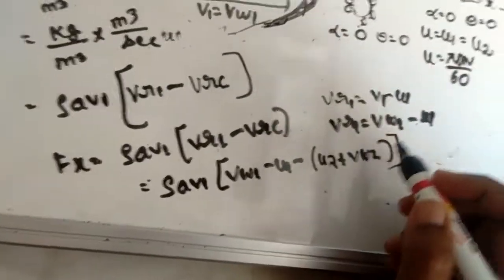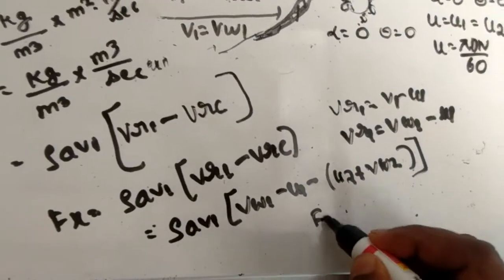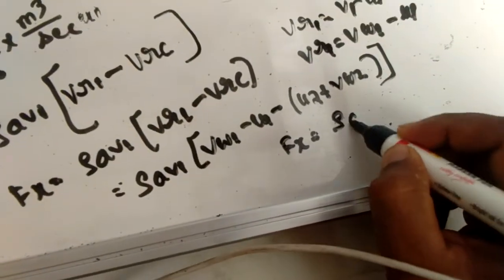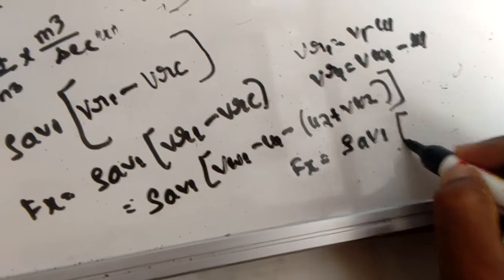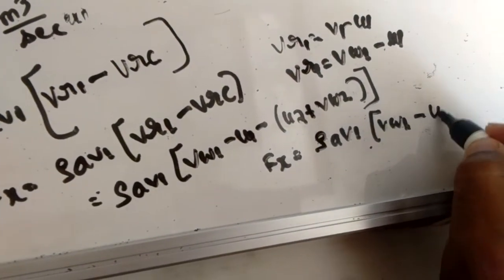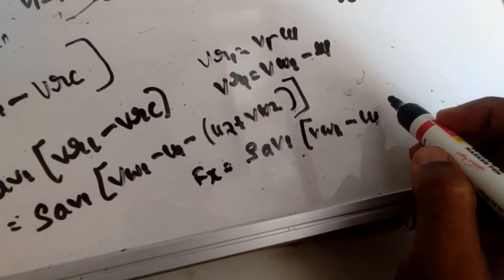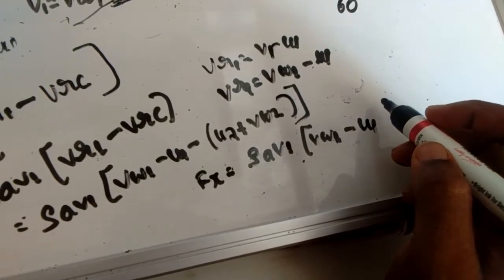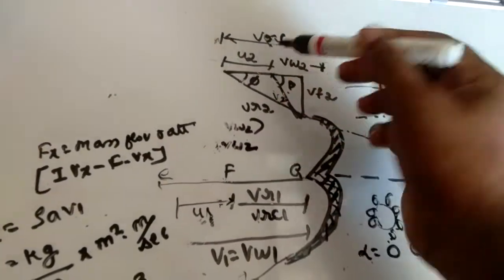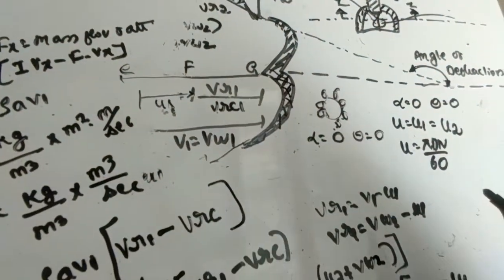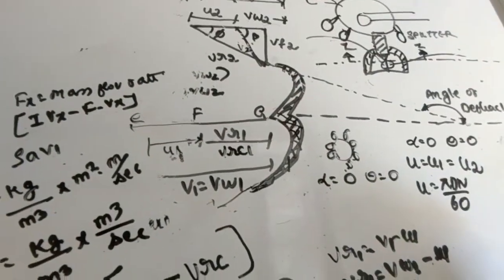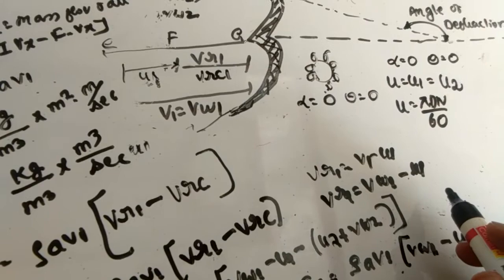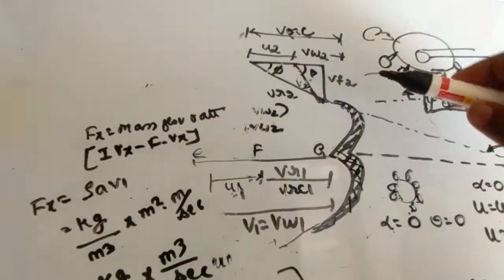So we can write Fx is equal to rho a v1 (VW1 minus U1), negative, that becomes positive. Here I want to explain one more thing.